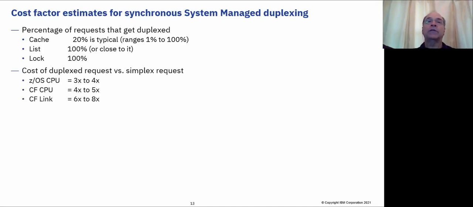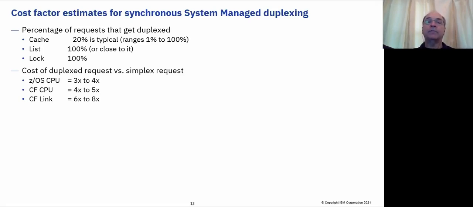Now, the cost of managing the duplex for system managed duplexing varies depending on whether looking at the z/OS CPUs involved or the coupling facility CPUs or the links between z/OS and the coupling facilities. So for z/OS processors, the ones that we measure for software charging, for example, we're looking at something like 3 to 4 times the cost of managing system managed duplexing.